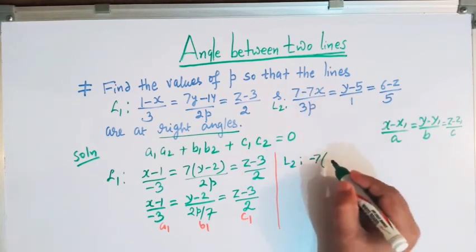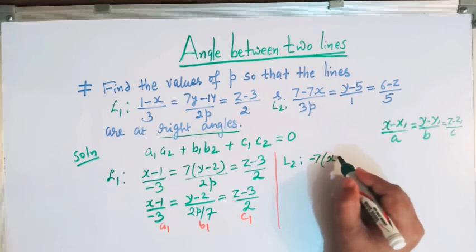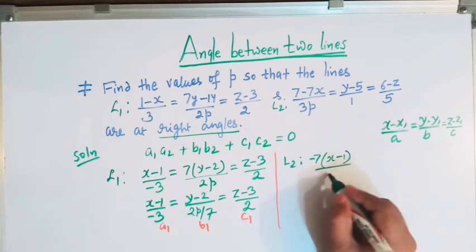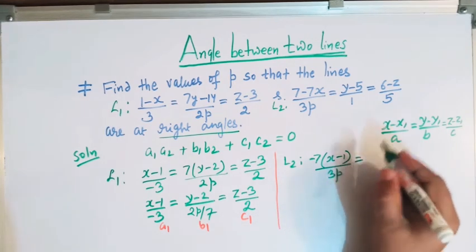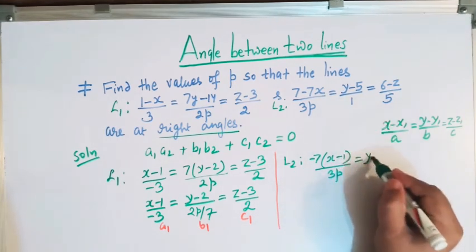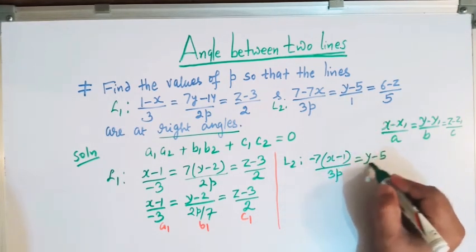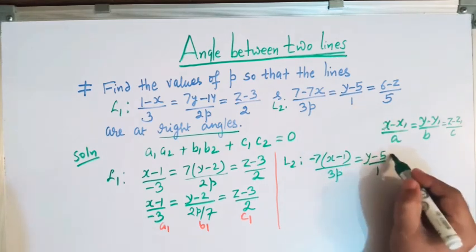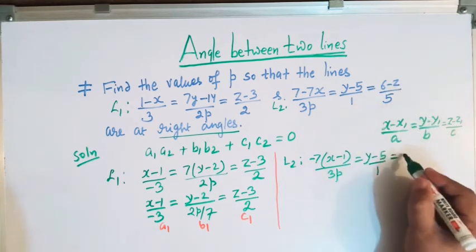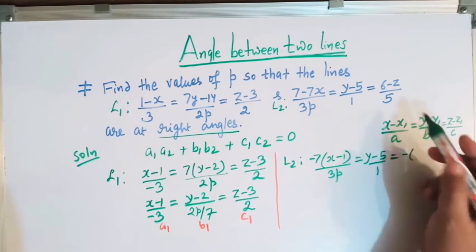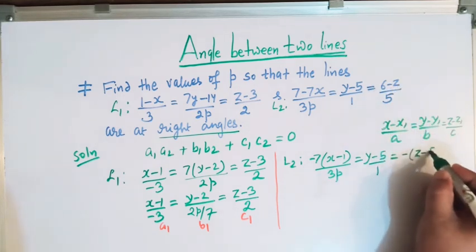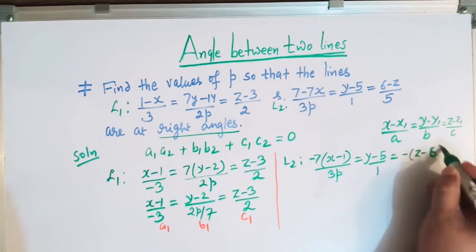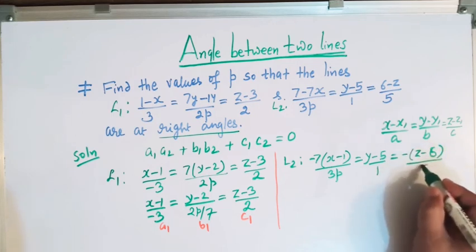So we have x minus 1 over 3p, and then here we need not change this term, and here we take minus common out of these two terms. So we have z minus 6, right, divided by 5.